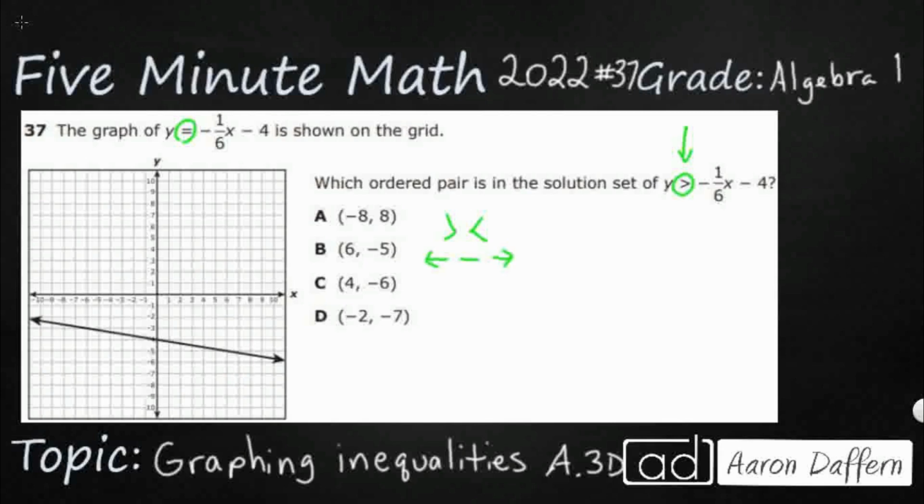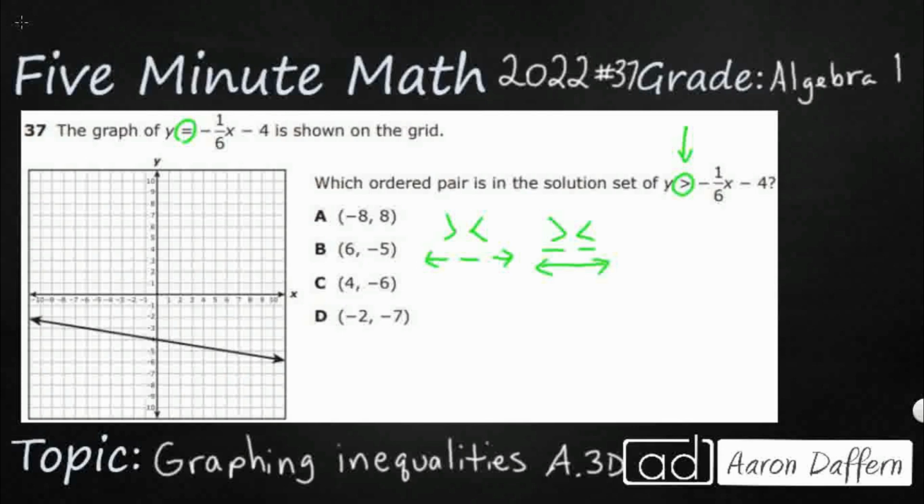That means that any number on that line cannot be included in the solution set. But if you have a less than or equal to, or greater than or equal to, anything with that equal to, it's a solid line. So that means you can include any numbers on that line in the solution set.